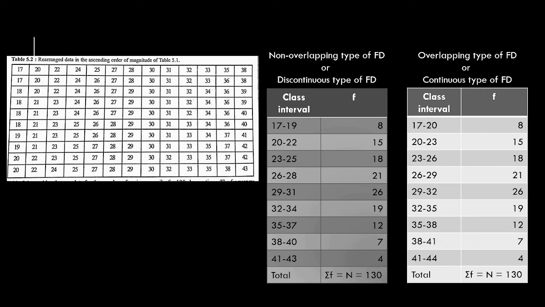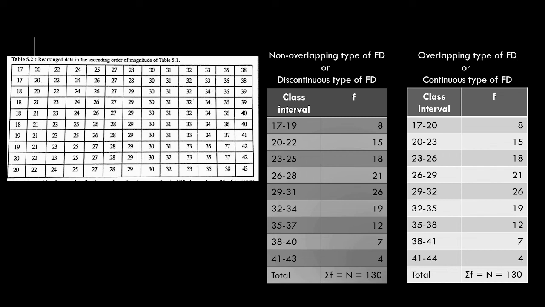The upper class limit of this class interval, that is 20, will be included in the second class interval. So the second class interval will include the values from 20 up to 22, and the upper class limit, which is also the boundary for the overlapping type of class interval, will be considered in the next class interval. So this is the way of including values in non-overlapping and overlapping types of frequency distribution.